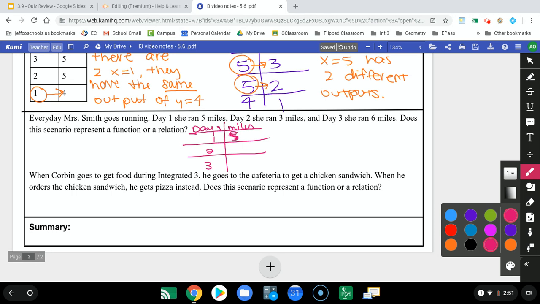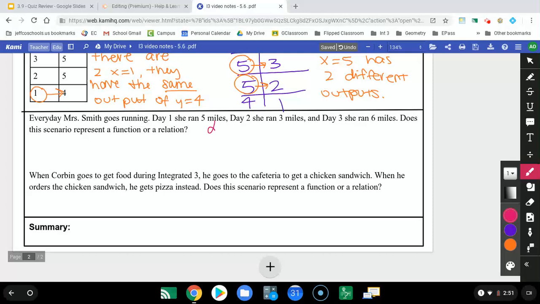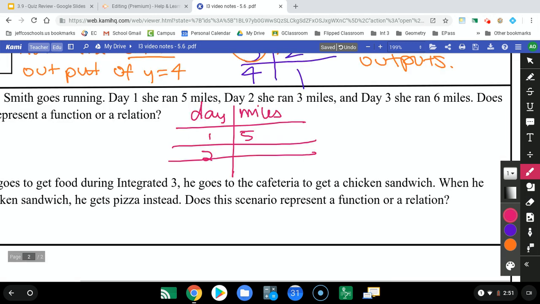And then the second day she ran 3 miles. And day 3 she ran 6 miles. Well, we only have 1 to 5, 2 to 3, 3 to 6.